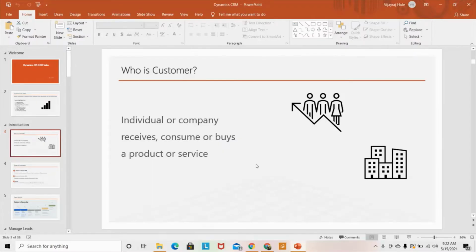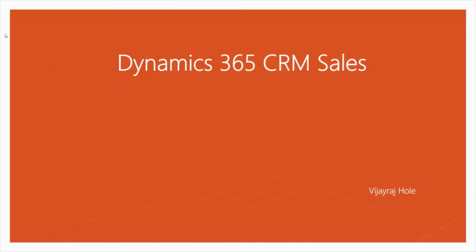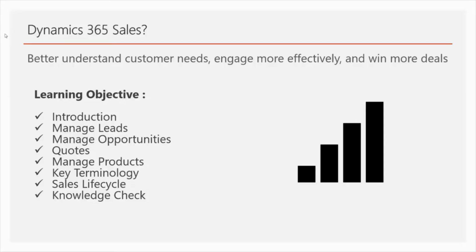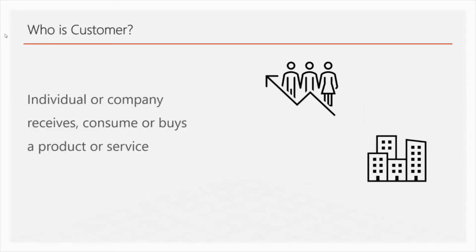Moving to some of the key terminologies. I'm just opening the slide. Before jumping into the sales module, let's understand some of the key terminologies in sales, or in business. So first, who is a customer?